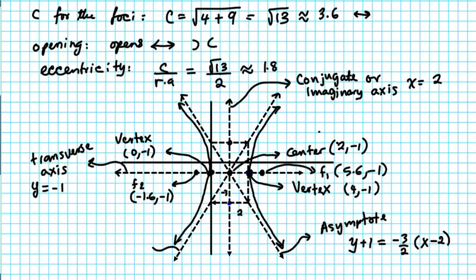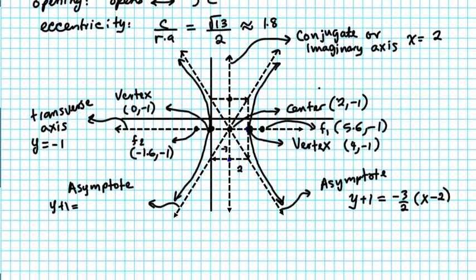The other asymptote right here is just like the first one. The only difference is the sign. I just switched the sign because it's the same direction, but this one is rising 3 and running 2. So it's going to be y plus 1, just like the first one. y plus 1 equals positive 3 over 2 times parenthesis x minus 2.